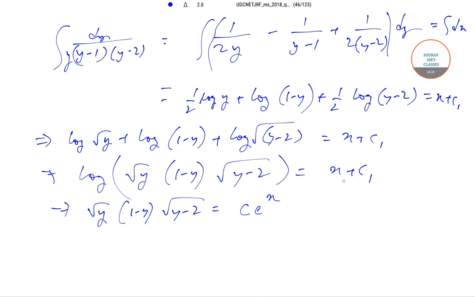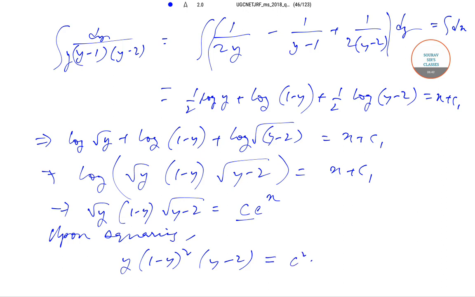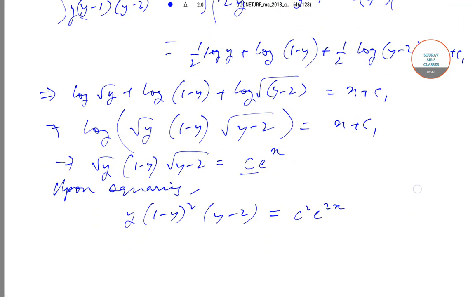Since it will be basically e to the power x plus e to the power c1, we can take out that e to the power c1 and we can take e to the power c1 is equal to some constant, suppose c. Okay, now upon squaring, we get y into 1 minus y whole square into y minus 2 is equal to c square e to the power 2x, and this is the function that we are getting.